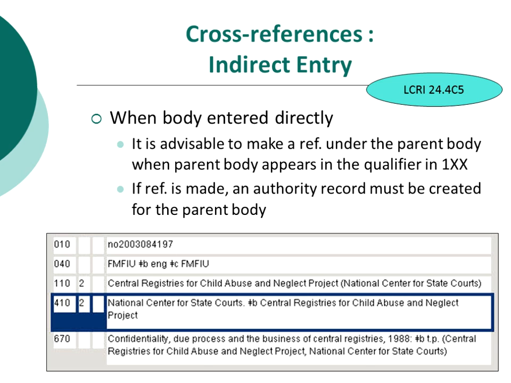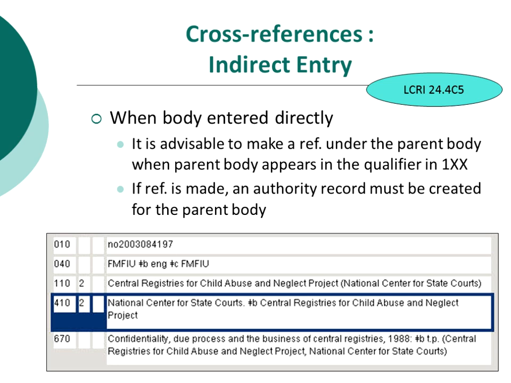In the parentheses, you see the National Center for State Courts, that's the parent body. If the parent body is used as a qualifier for a corporate entry form entered directly, then it is advisable, not a must, you can, or it is a good idea, to provide a cross-reference in its indirect form or entered subordinately.